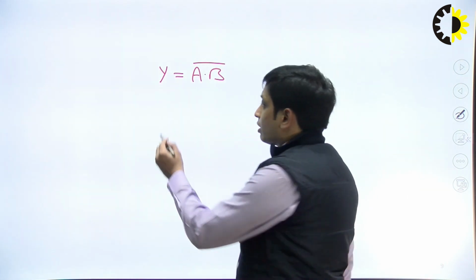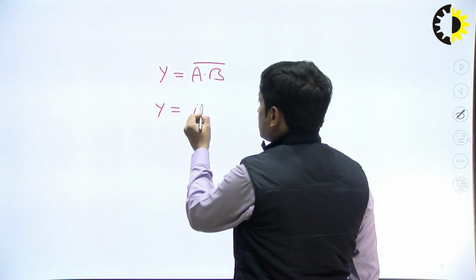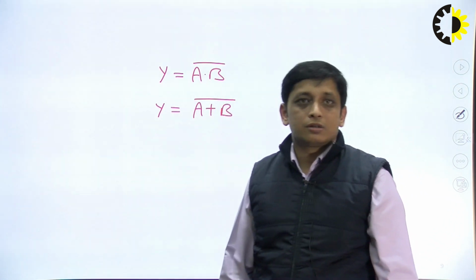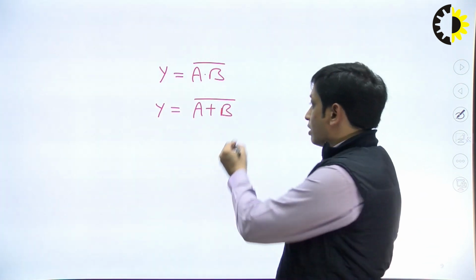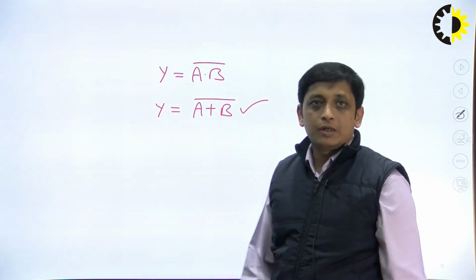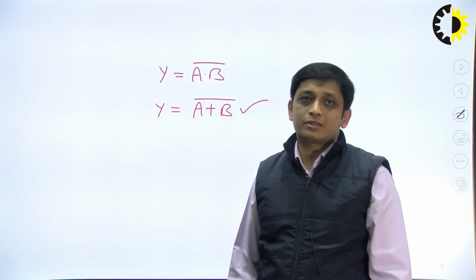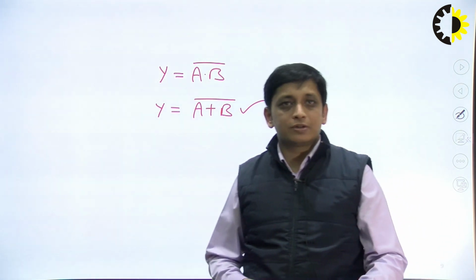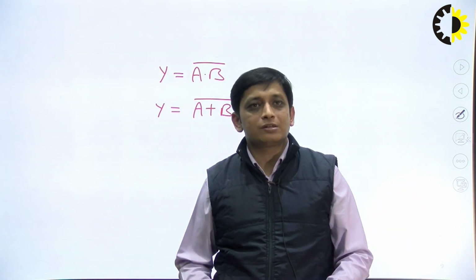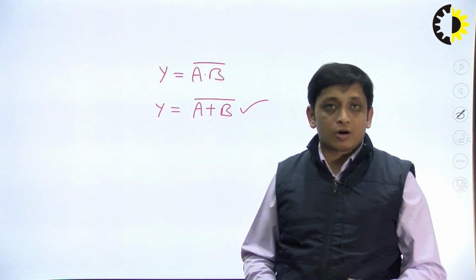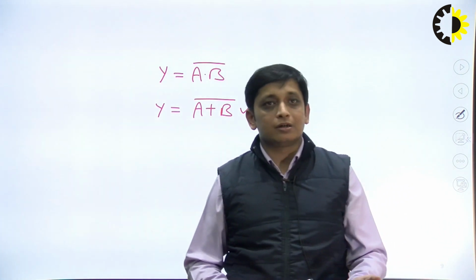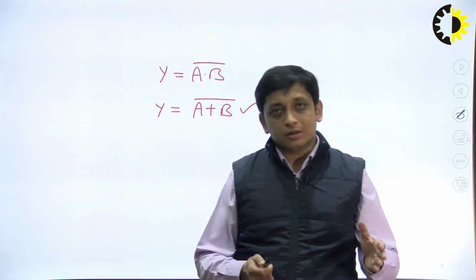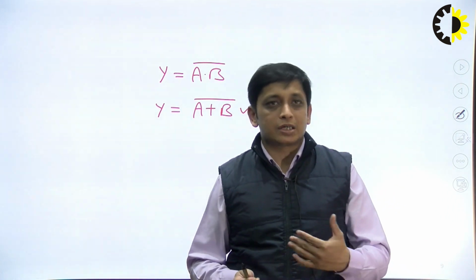And PMOS transistors will be in parallel. Similarly, for the NOR gate, the expression is A plus B whole bar. So for this NOR gate, NMOS transistors will be in parallel and PMOS transistors will be in series. Just after drawing these NAND and NOR gates, which are the universal gates, you can apply these concepts to draw the XOR gate, XNOR gate, and OR gate, etc. So those are the CMOS implementations of basic gates.